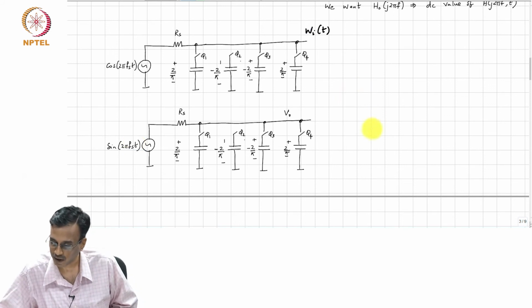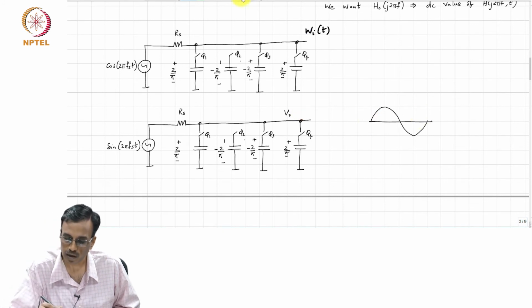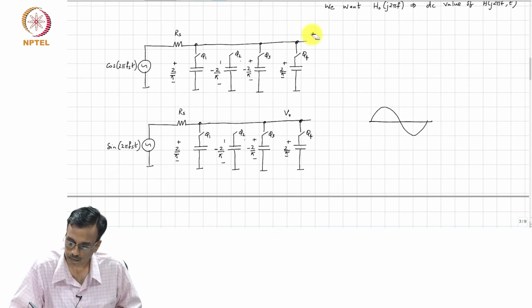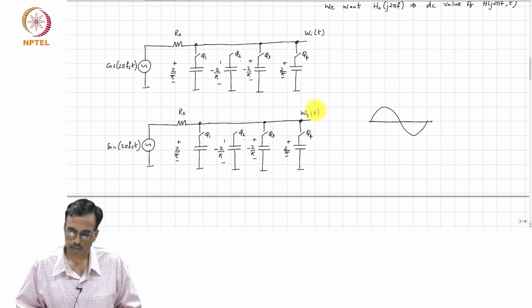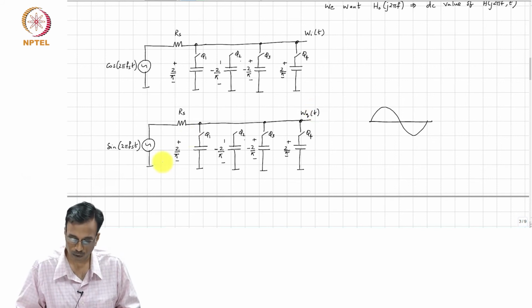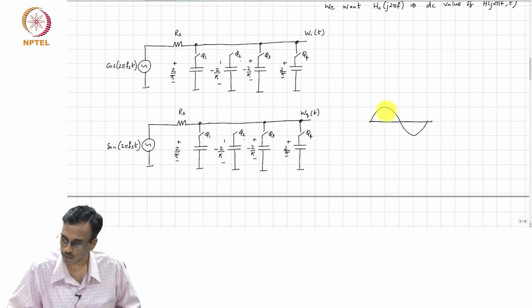When the input is a sine wave, as is needed to get W Q of t, well, during phi 1 it is 2 by pi, during phi 2 we are going to be averaging that quarter cycle.